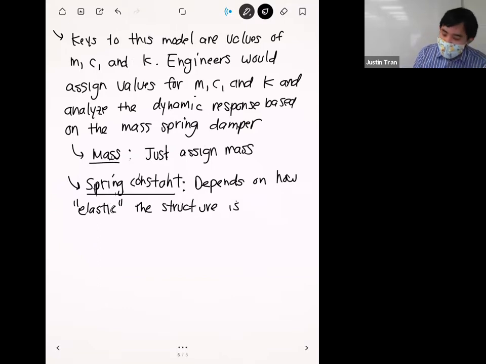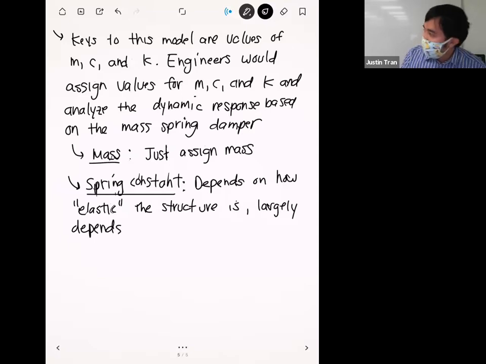And so what this means is that it's going to largely depend on the material properties. If you have a linear isotropic material, then this would depend on things like the Young's modulus and the Poisson's ratio.